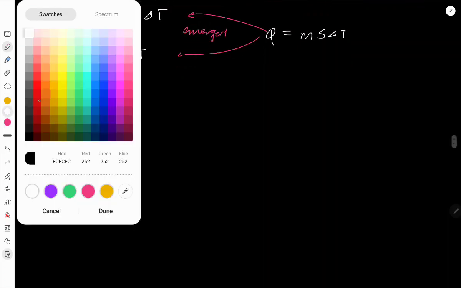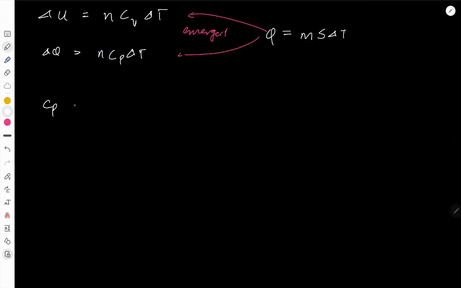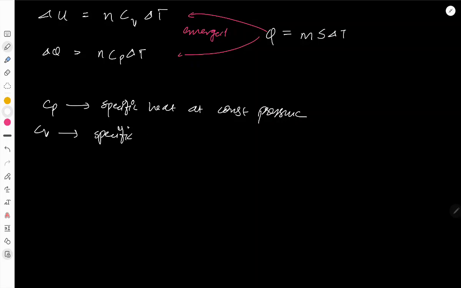And now what is Cp and Cv? Cp is specific heat at constant pressure, and Cv is specific heat at constant volume. Yes.